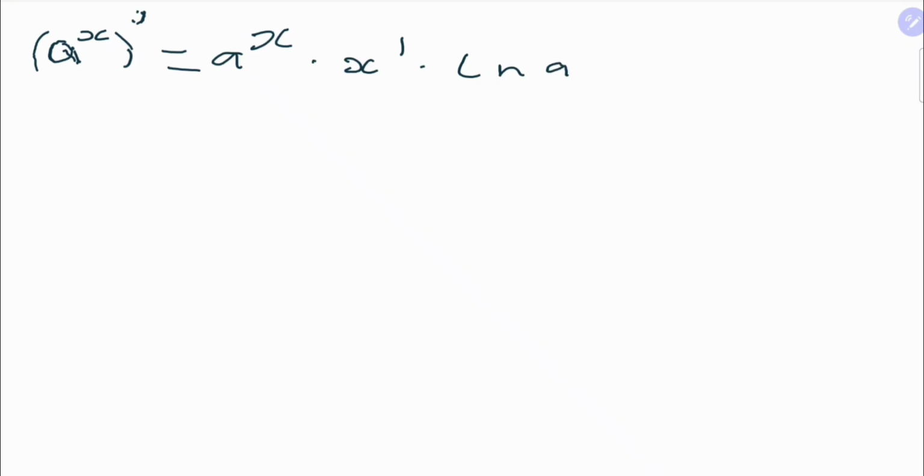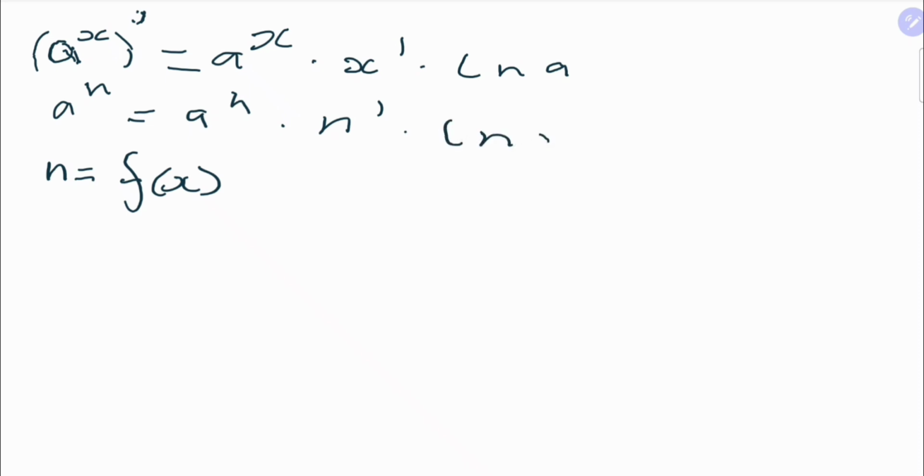Of course it doesn't always have to be x. Let's say a to the n, where n equals some function of x. Then the derivative equals a to the n times n prime, the derivative of n, times the natural log of a. That is the formula basically.